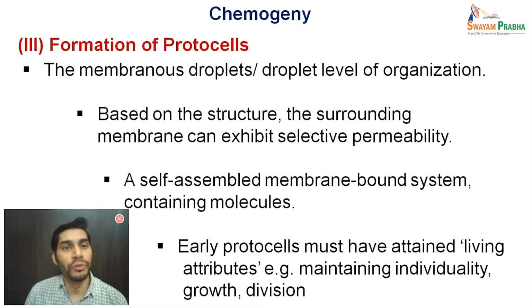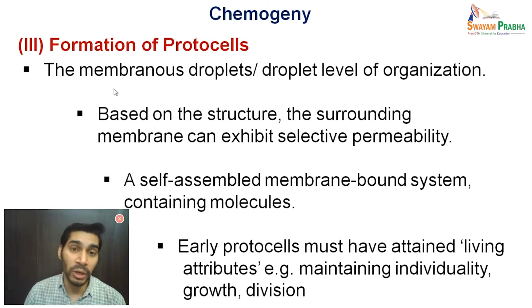Let's now move to the third part of our discussion in chemogeny. After simple molecule formation and macromolecule formation, comes the formation of protocells. Remember, the macromolecules themselves cannot have the properties of a cell. For the properties of a cell, we need some membranous structure, membranous droplets.